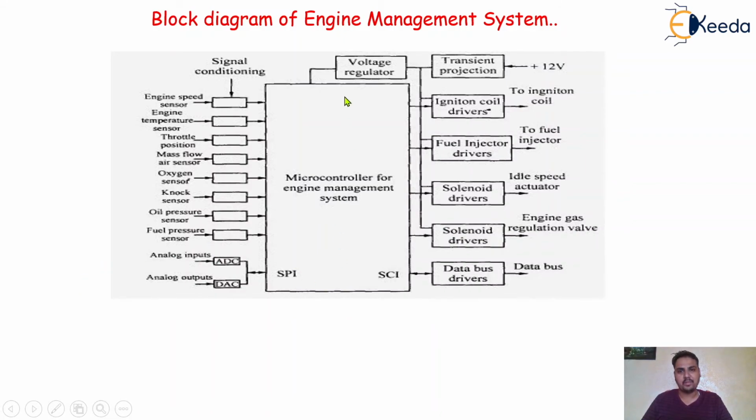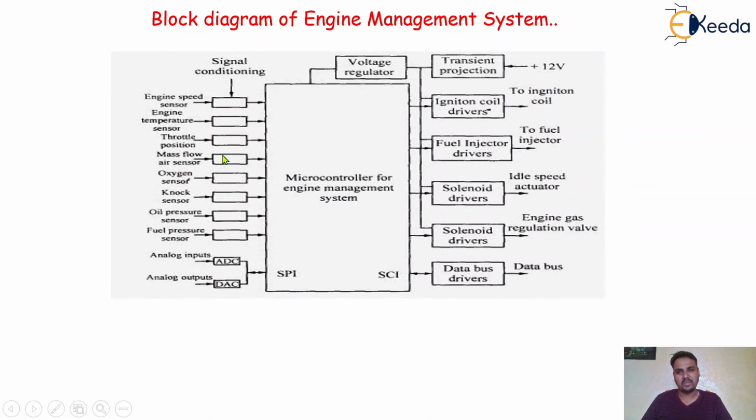Suppose this is that particular microcontroller for engine management system, or we can say this is the electronic control unit, ECU. It takes input signals from the different sensors which are fitted in different locations of the engine: engine speed sensor, engine temperature sensor, throttle position, mass flow, oxygen sensor, NOx sensor, oil pressure.